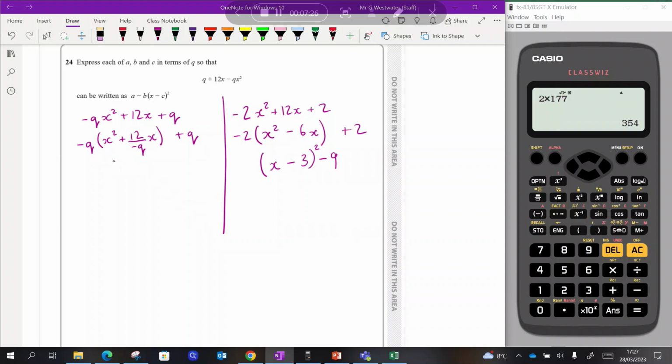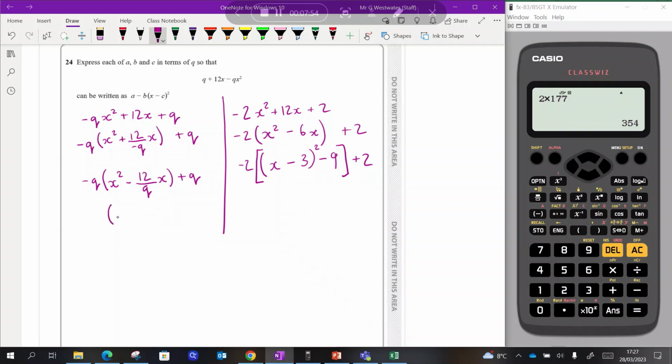So let's think about this. In fact, I might even take this negative out here so that it's a bit nicer to play with. So x squared minus 12 over q x, plus q. Let's put all of this in so we can see what's going on if these were numerical. To complete the square, I need to halve this.